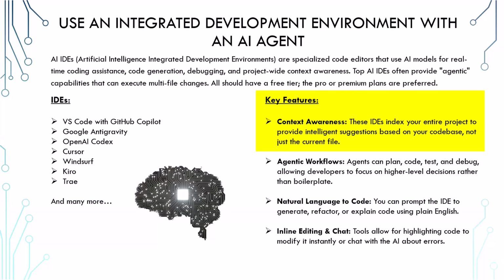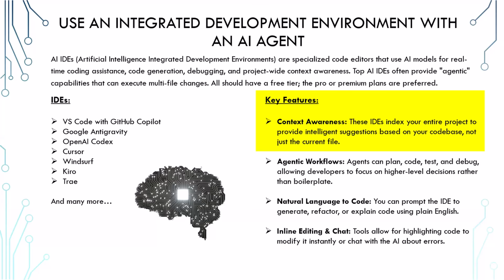They can code, they can debug, they have project-wide context awareness. A lot of these provide a free tier, but of course, pro or premium plans are preferred. You're probably going to hit a limit with any free tier, but the key features are that they're context aware.